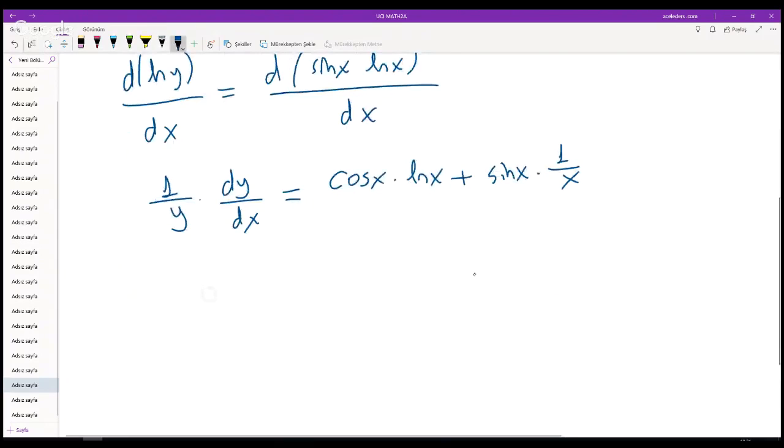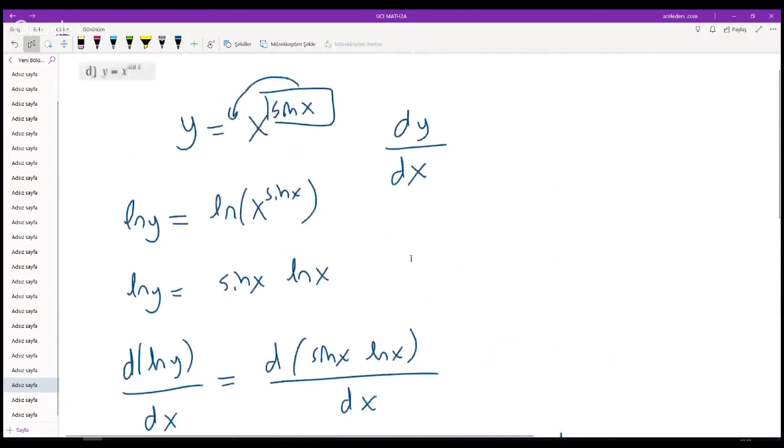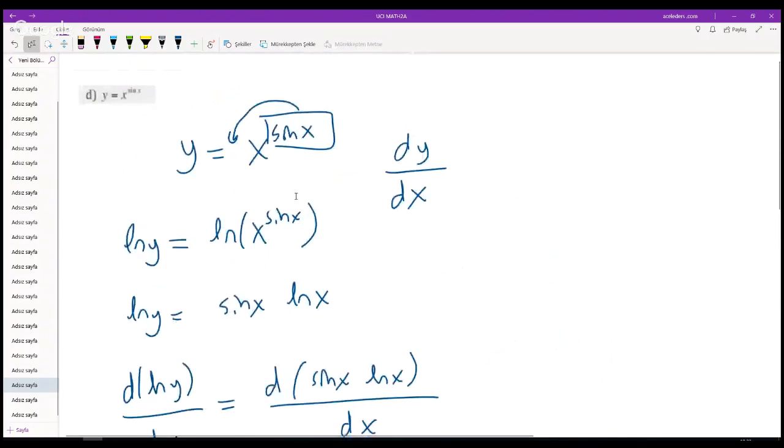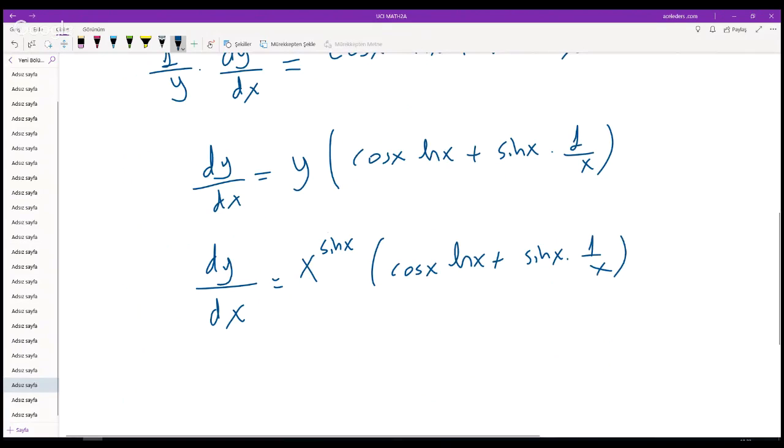So dy over dx is y times cosine x ln x plus sine x times 1 over x. I can replace y with x to the power sine x because that is the equation. So dy over dx is x to the power sine x times cosine x ln x plus sine x times 1 over x.